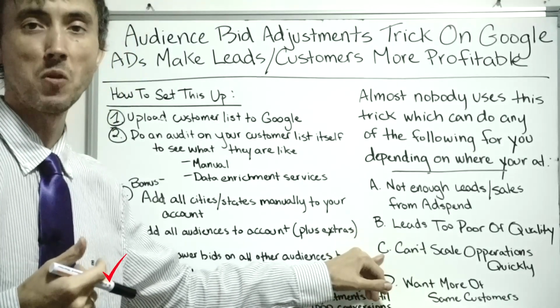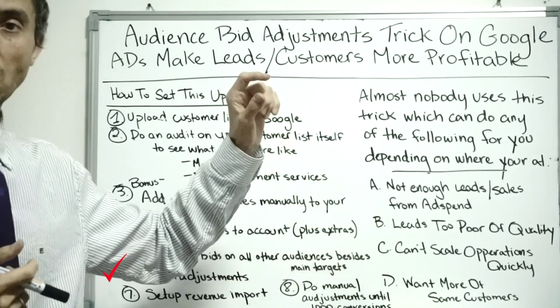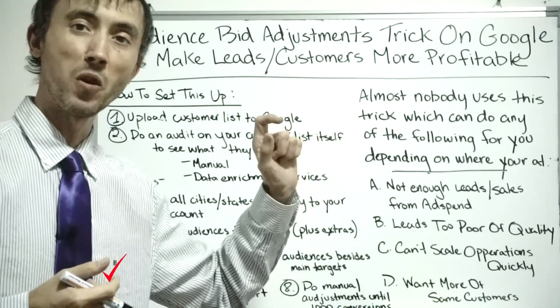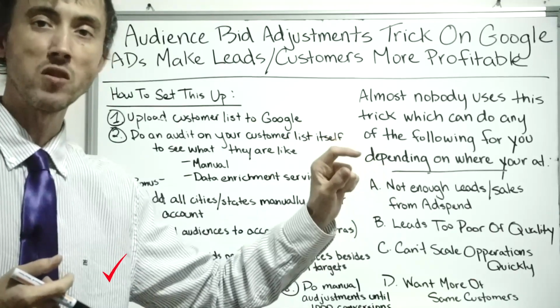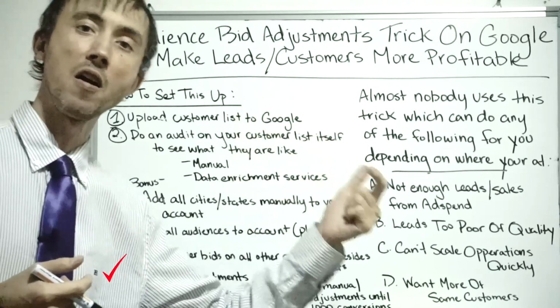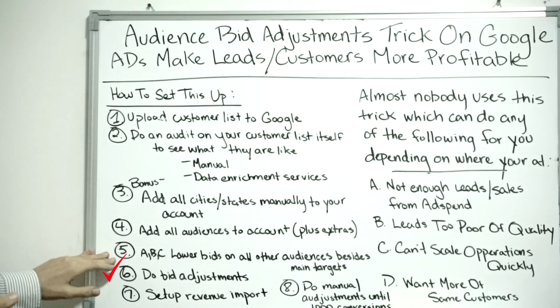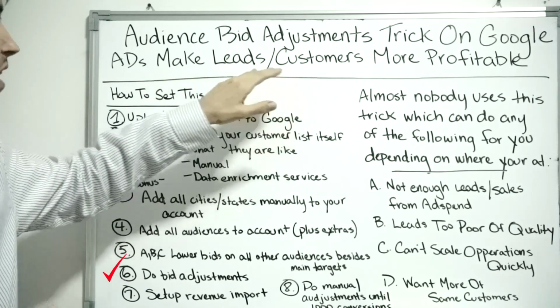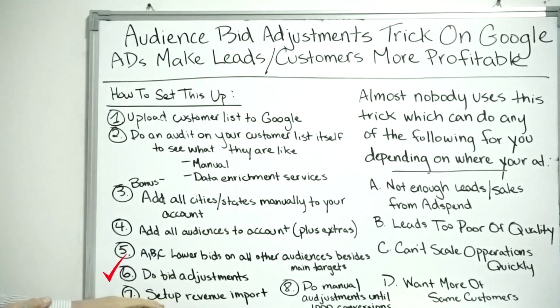So now we know we can charge more and raise our prices, because the people responding are people we can charge more to, who would normally buy more from us, of that particular trait. That's how we get more leads or more customers using an audience bid adjustment itself, okay?